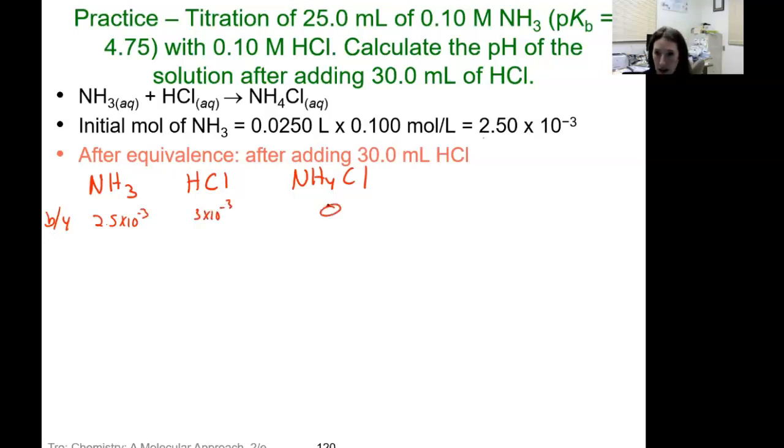We don't have any of that. Our change, this is going to go down by this. This is going to go down by that. The 3 times 10 to the negative third, that's from the 30 milliliters, right? Yes, yes. And then this is going to go up by that.